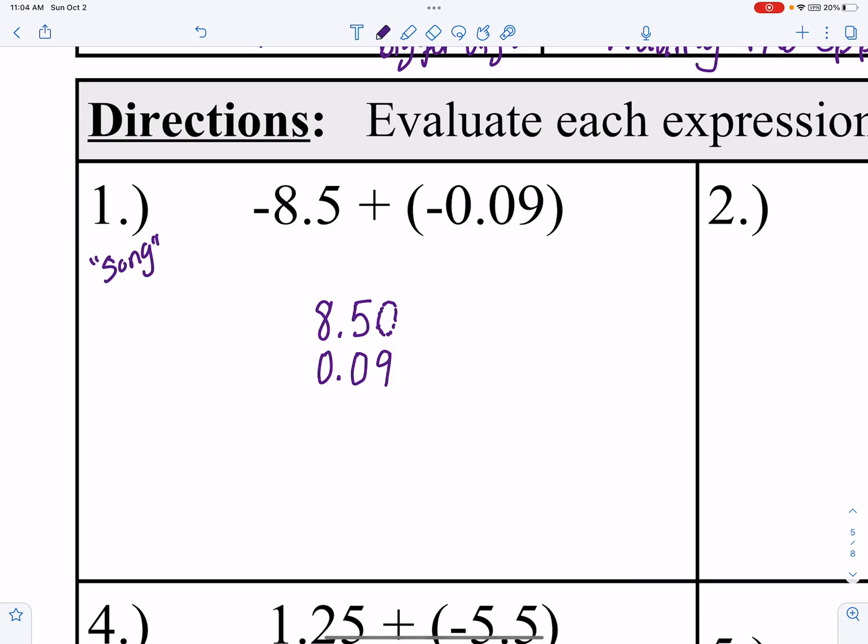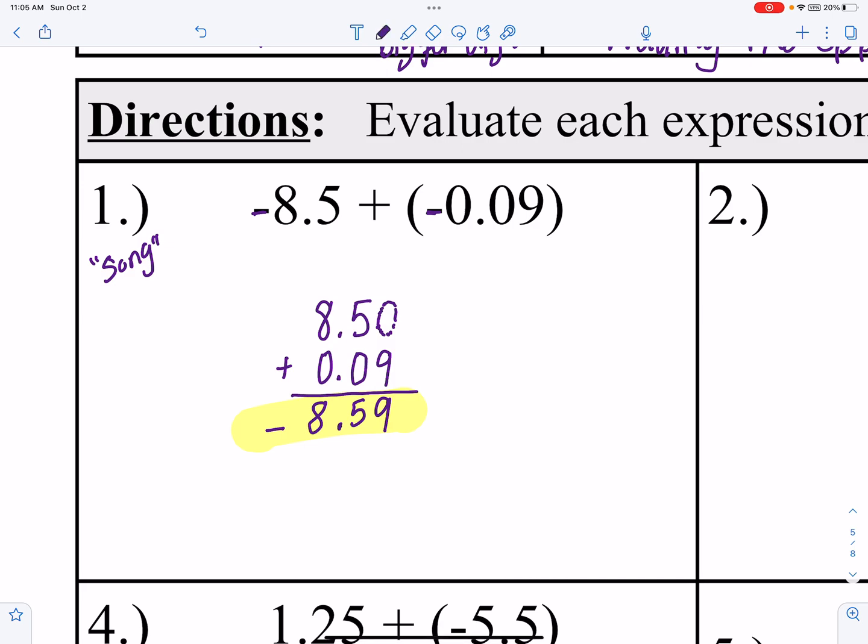And so I see that they're both negative. So that's same signs, add and keep. So I'm going to be adding these two numbers. And I'm going to keep the sign. So I have my negative here. All right. Now we'll go ahead and add them up. And there we go with -8 and 59 hundredths.